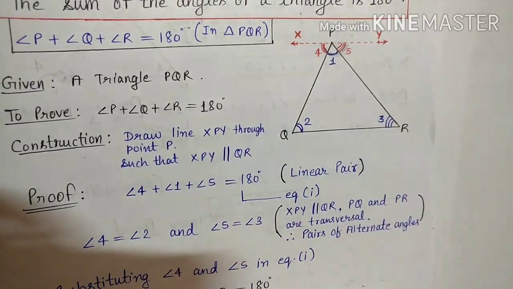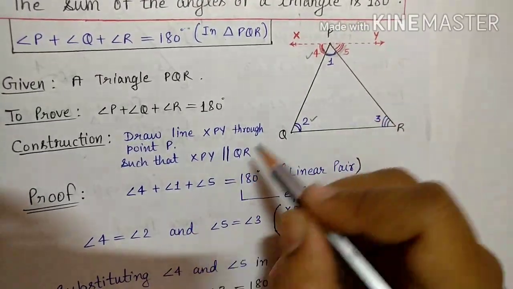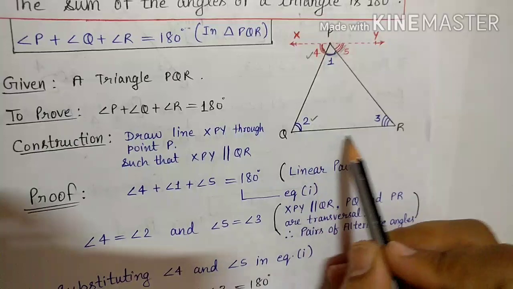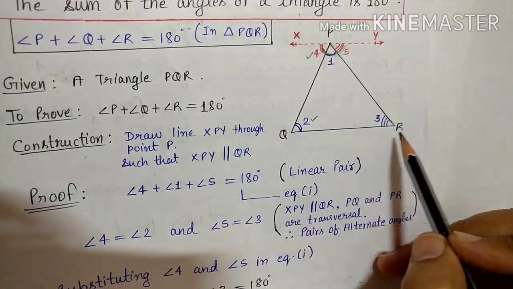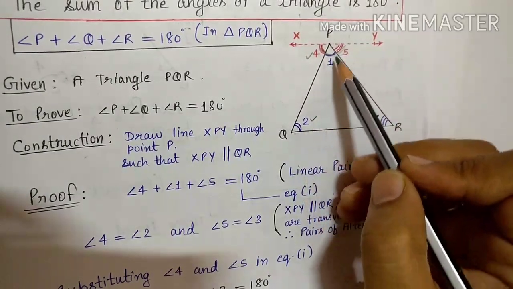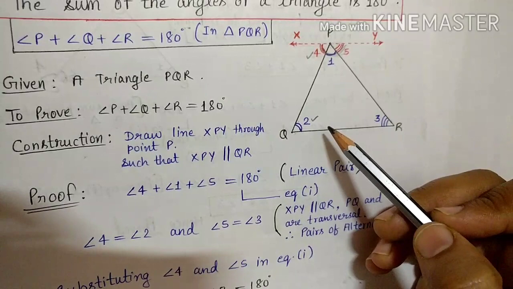Afterwards, we see angle 4 and angle 2. As XPY is parallel to QR, PQ is working as a transversal. So angle 4 and angle 2 will be what?